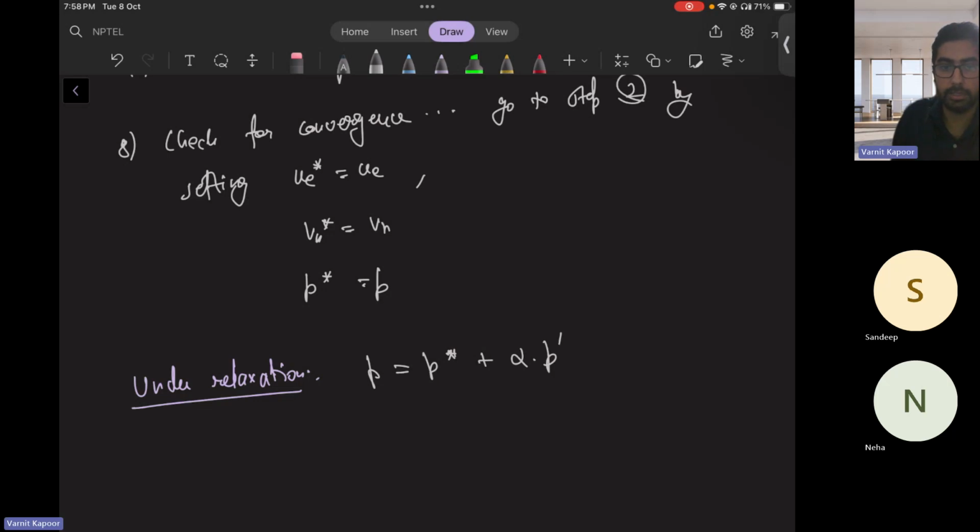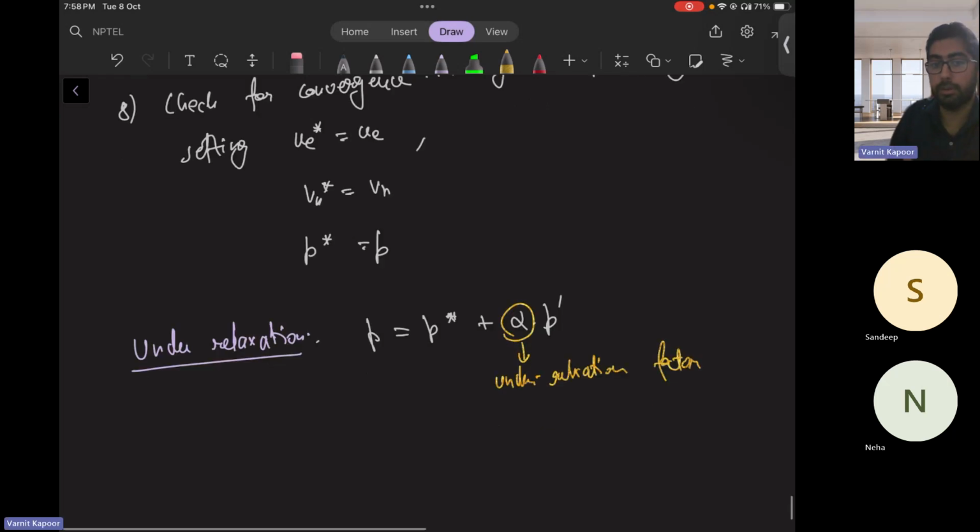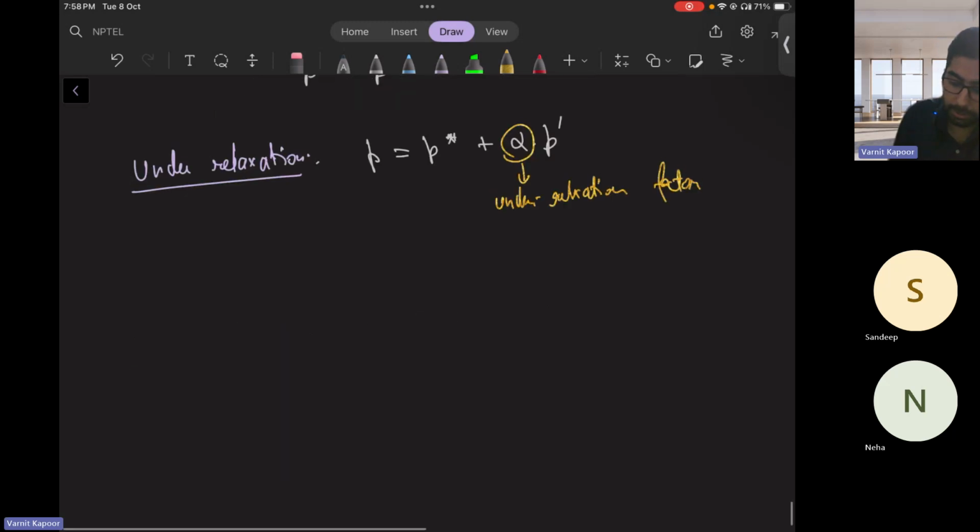So it's an under relaxation factor. Similarly, for U and V directly, you cannot write. You have to write it in the form of momentum equations. So this is for pressure.